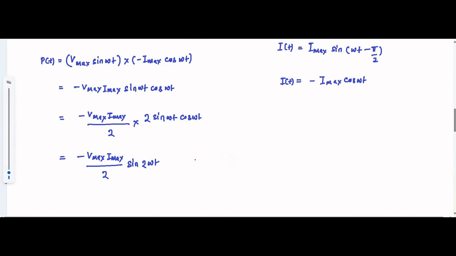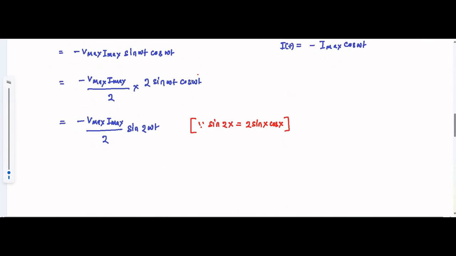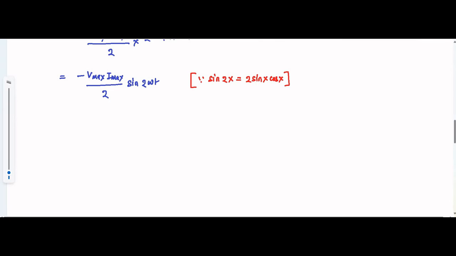So we know sin 2x is equal to 2 sin x cos x. We have used that identity. This is the instantaneous power.